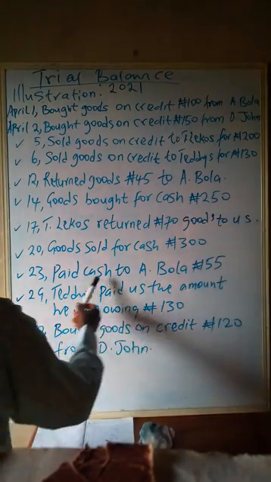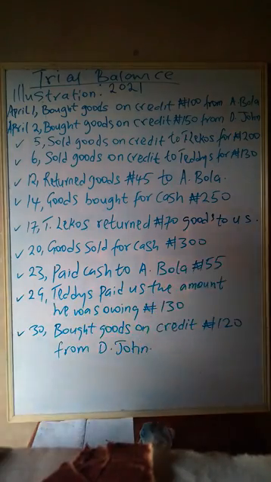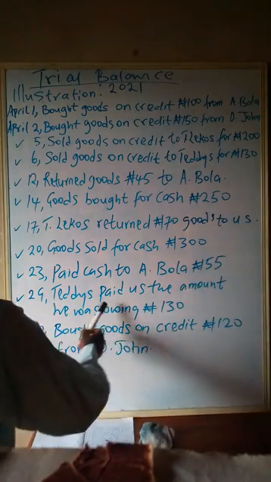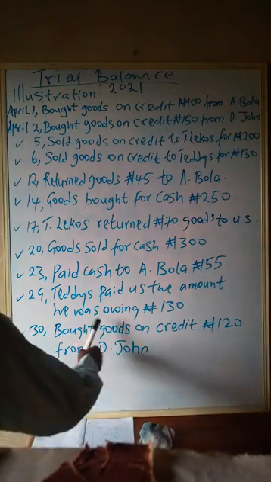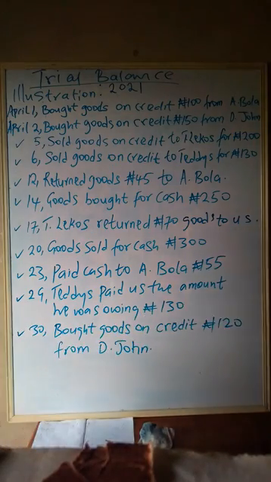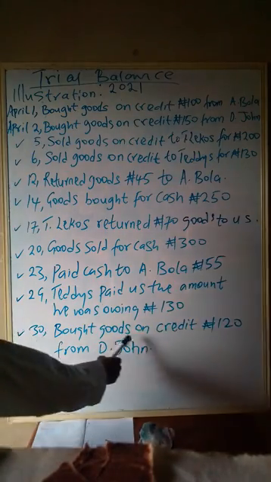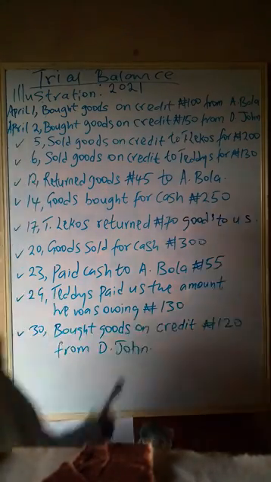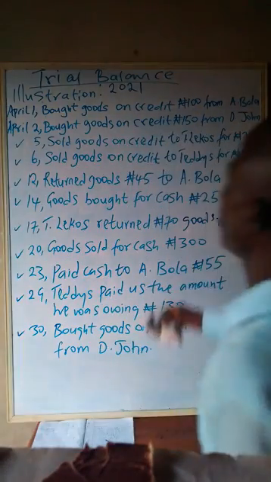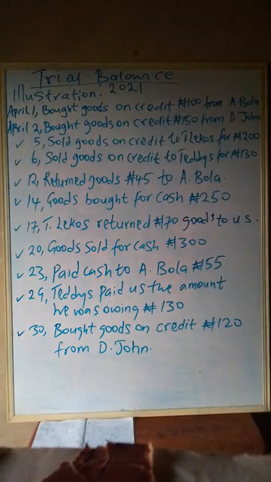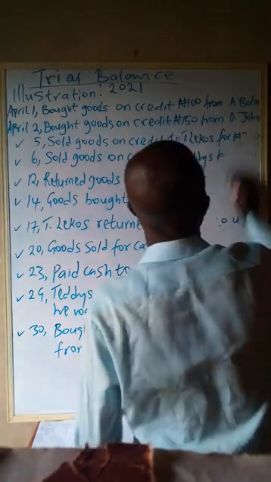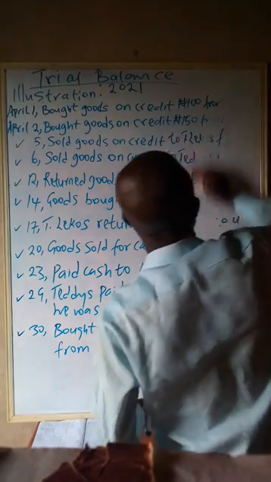April 23rd, paid cash to Ebola, 55 naira. April 29th, Teddy's paid us the amount he was owing, 130 naira. April 30th, bought goods on credit, 120 naira from D. John. So this is the illustration, and I rub off the question now so that I can present the answers.